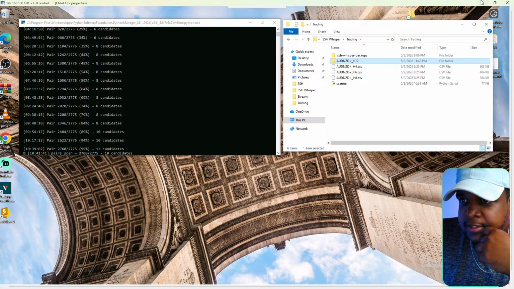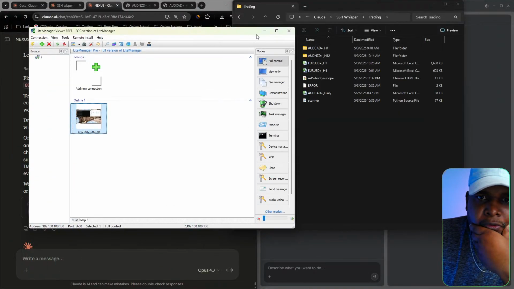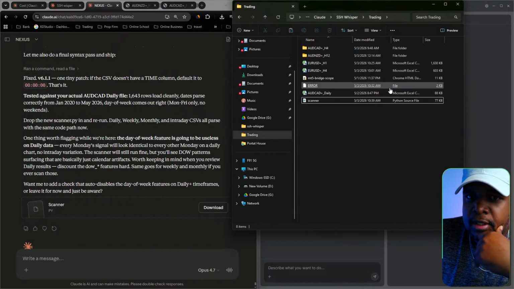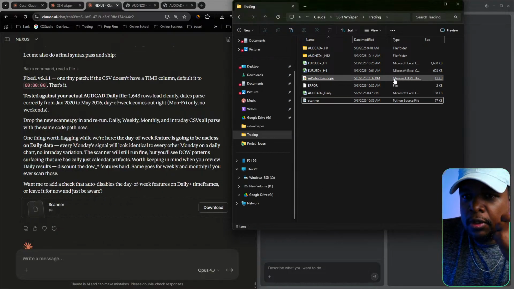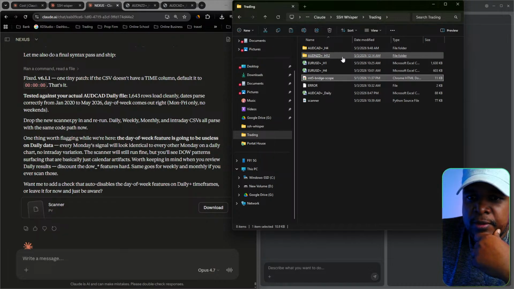Right, so the scanner updated on the VPS and everywhere else. So let us see if the scanner would actually work now.